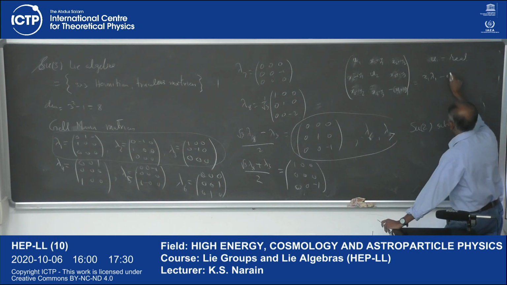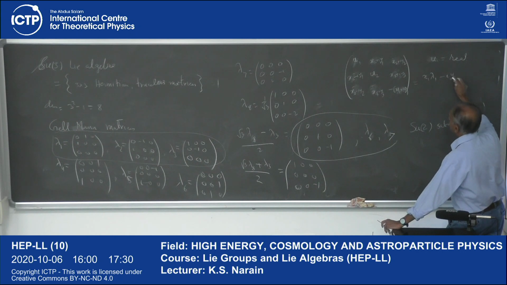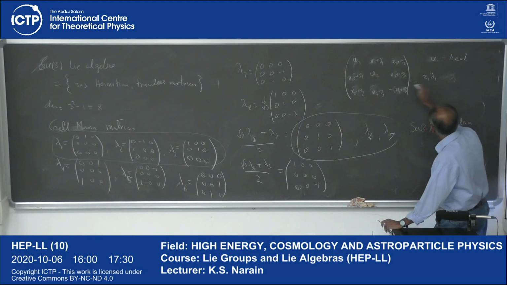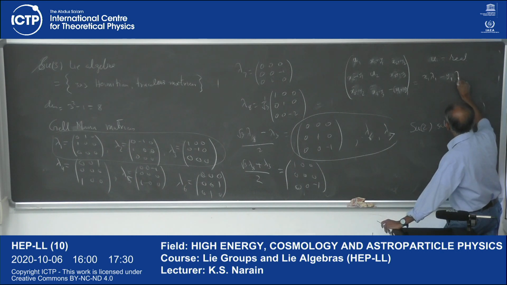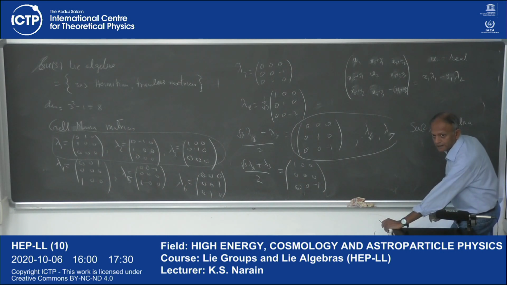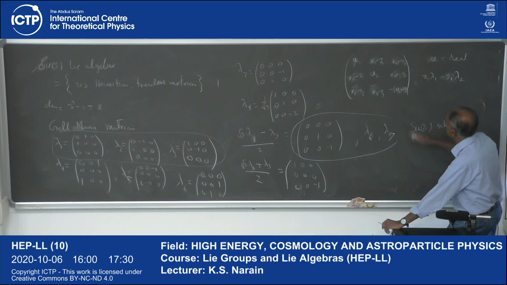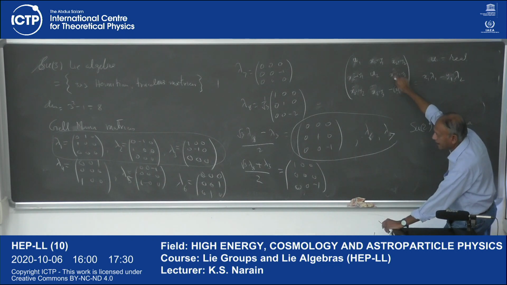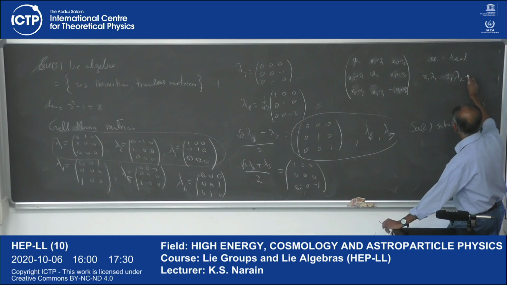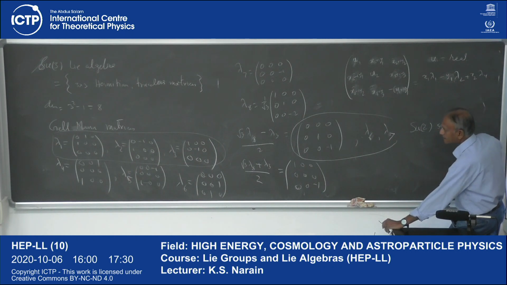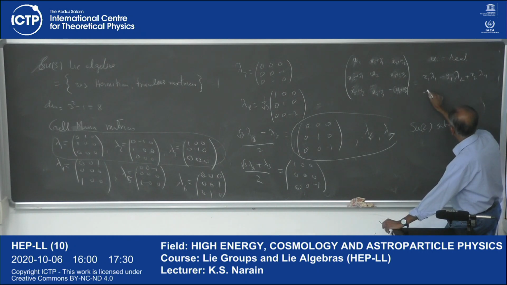Okay. Minus i y1. No, so this is already plus i. So minus y1 times lambda 2. Okay, that's that. Similarly, x2 times lambda plus x2 times lambda 4, and minus y2 lambda 5, right?